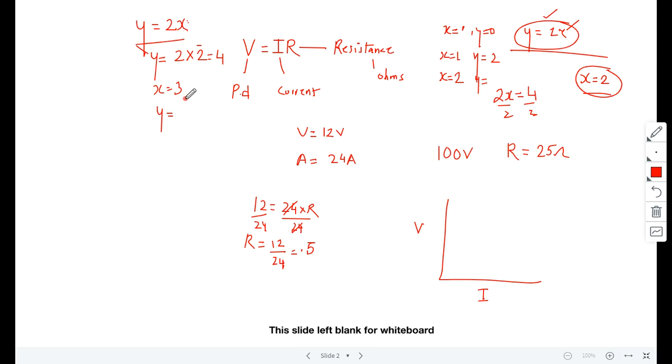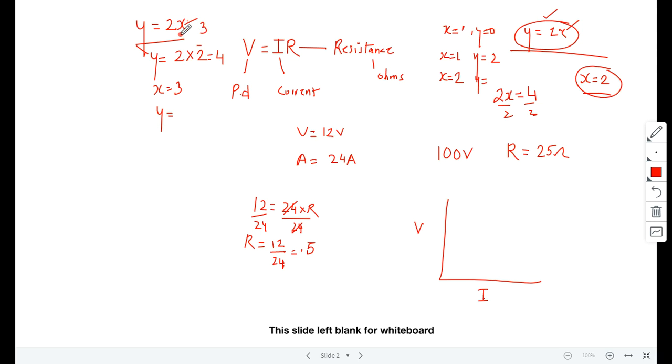So y would be 9. And how is it 9? Because you're replacing the x with 3 and 3 times 3 will equal 9. No, 3 times 2 is 6. In place of x you have to write 3, and 2 remains 2. So 3 times 2 will give you 6.